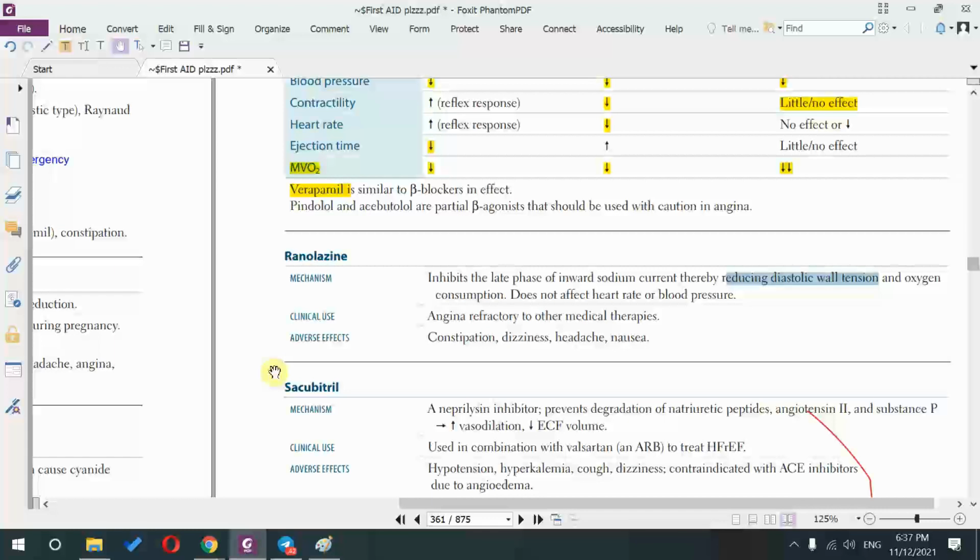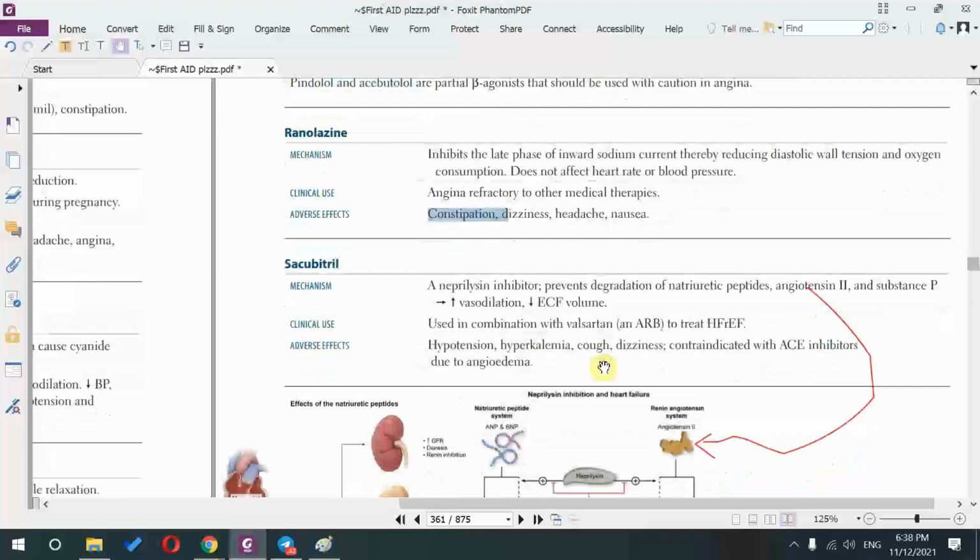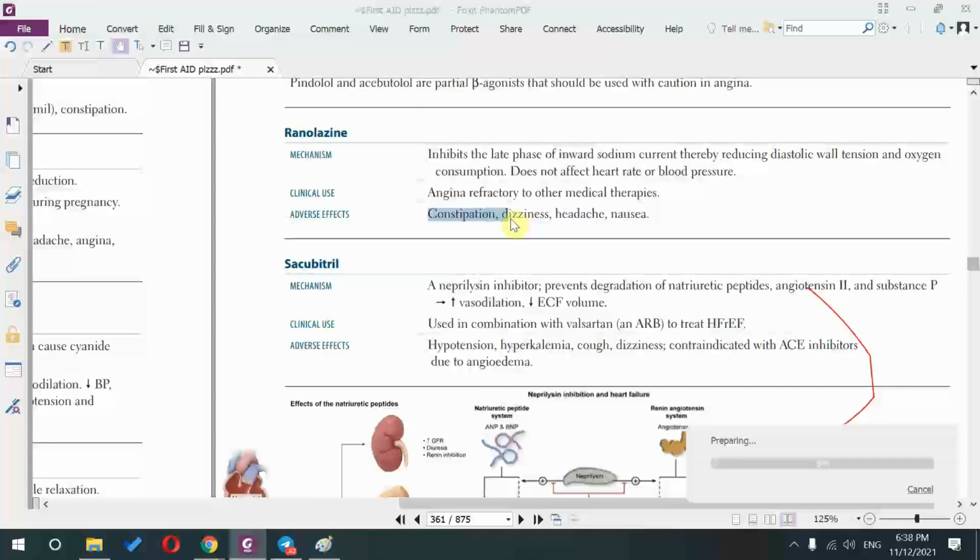So that will reduce the O2 consumption or increase the O2 consumption? Exactly, reduce. So it's for angina refractory to other medical therapies. It's a really new drug, guys. And its adverse effects include constipation, dizziness, headache, and nausea. Constipation they like. Other ones are not important.